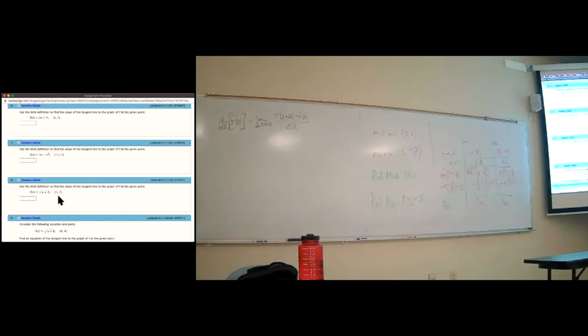This is the limit definition of the derivative, right? And the derivative is equal to the slope of a tangent line, for whatever x value you put through the derivative, right?